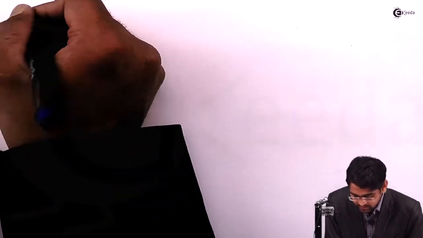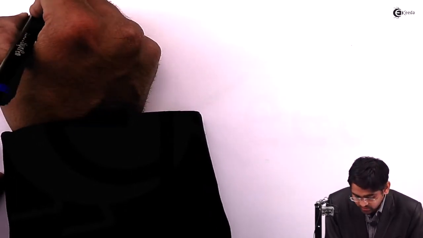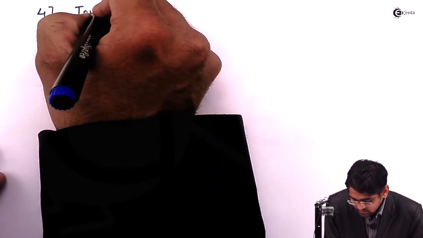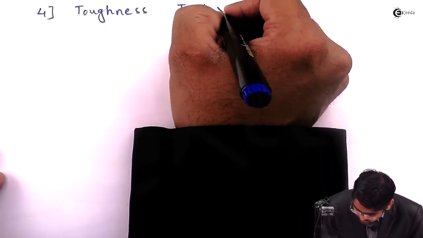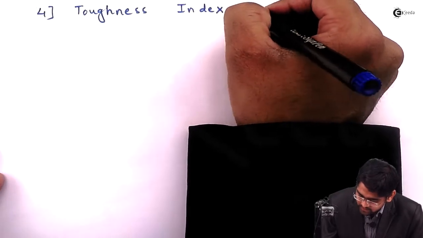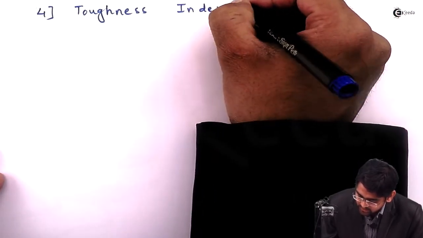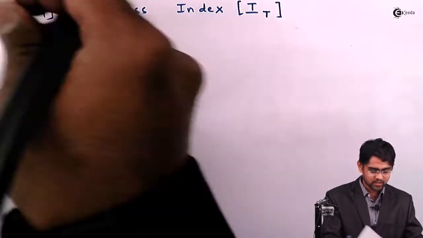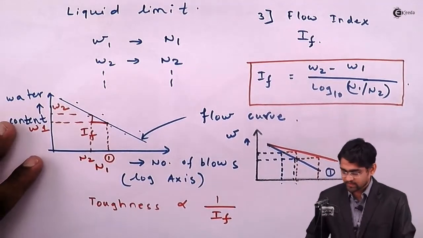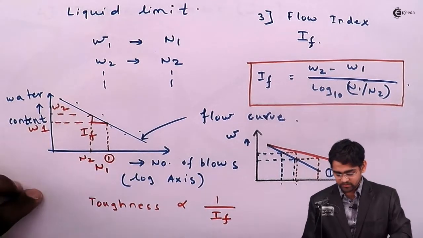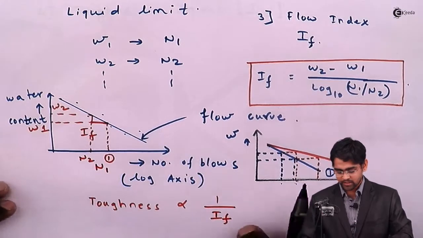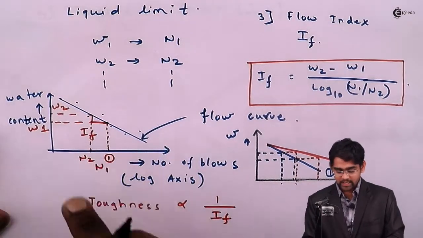So on the same basis, introduce one more term which is called as a toughness index. So it becomes a fourth definition. Toughness index is denoted by capital I suffix capital T. So as I said earlier, the toughness, which is nothing but a measure of shear strength of a soil, or which is indirectly related to the number of blows, is inversely proportional to the flow index.